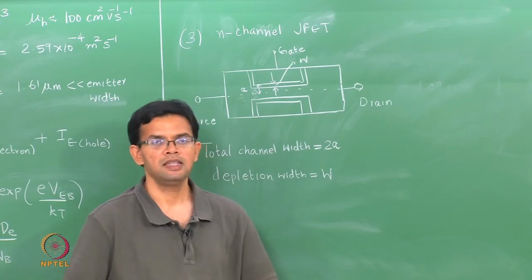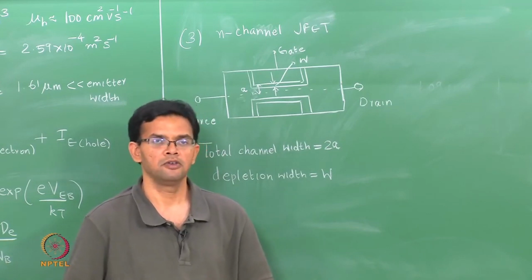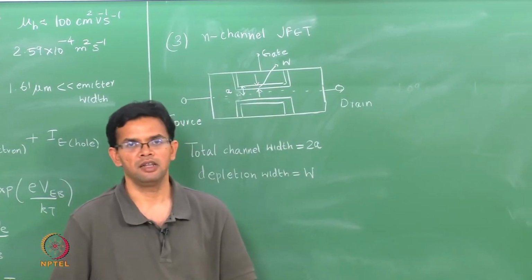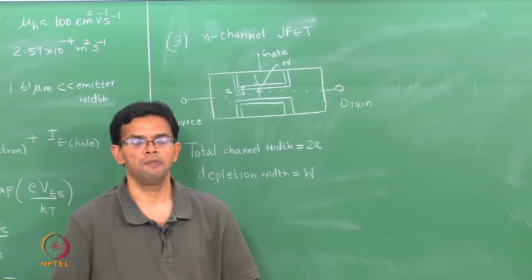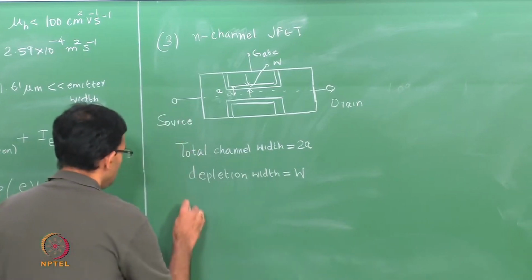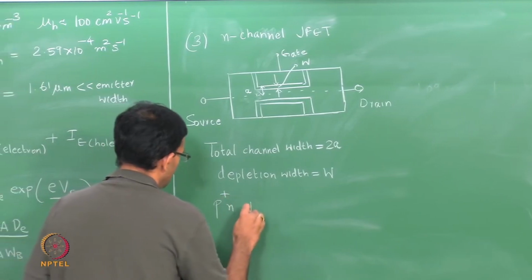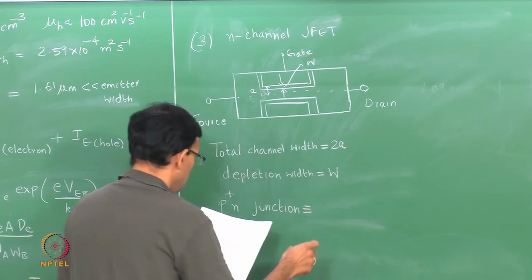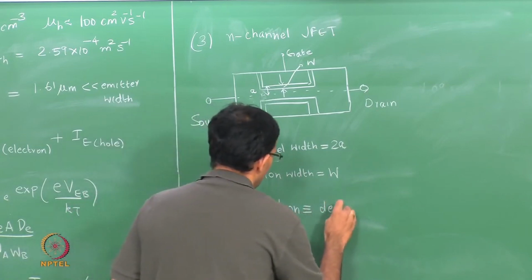So, basically in the case of a JFET, you have a heavily doped P plus region when you have an N channel, so that the depletion width is almost entirely in the channel. So, you have a p plus n junction, so that the depletion width is in the channel.